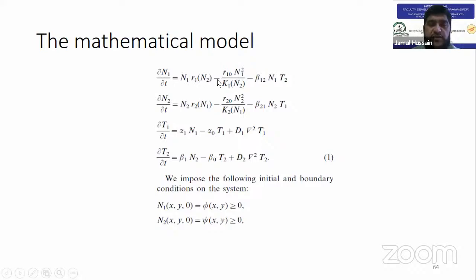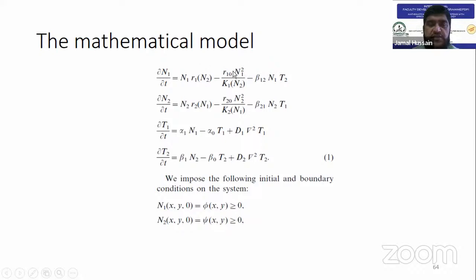And then minus R10 times N1 squared by K1, which depends on N2. What are all these? For beginners, I'm telling you, this factor is called the crowding effect. Whenever N has a large value, there will be intra-specific competition.